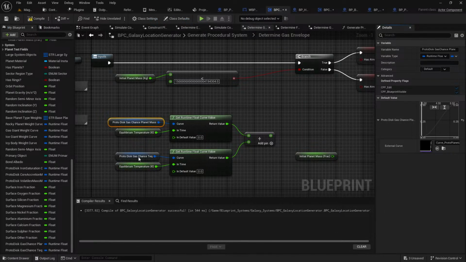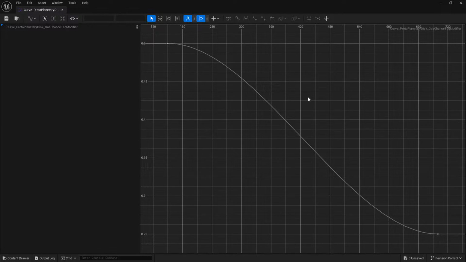But also on top of that, we've also got the chance of a gas giant increasing as volatiles in the system increase. So the further you get away from the star, the more volatiles there are that can accrete into the atmosphere of a gas giant, and that caps at 0.5 in the other direction.